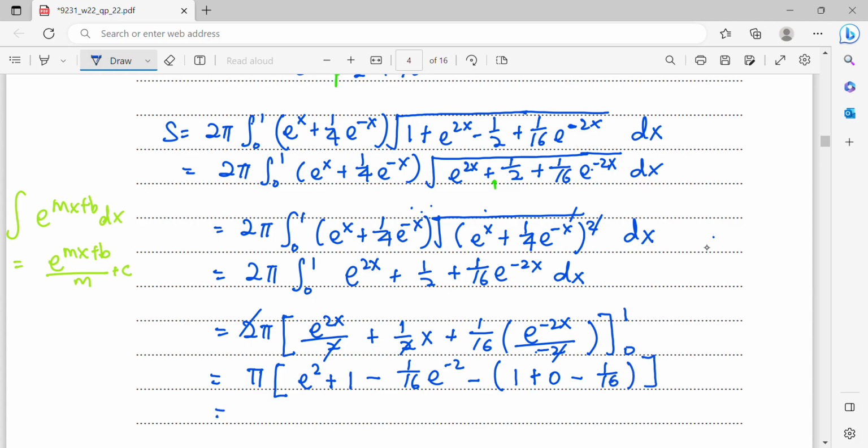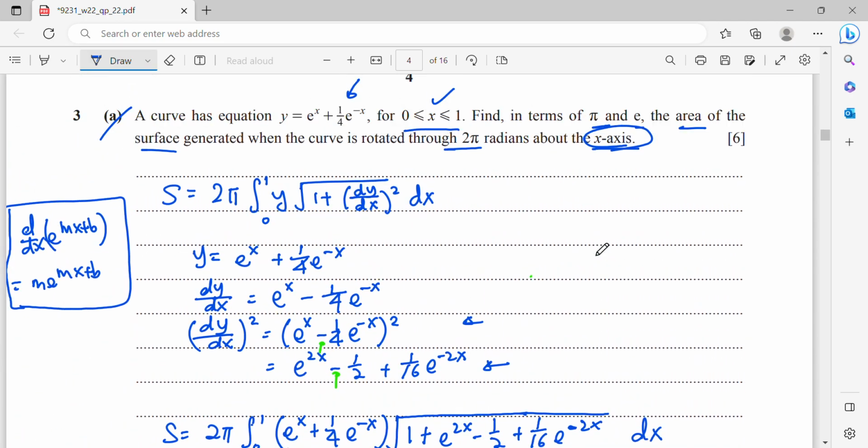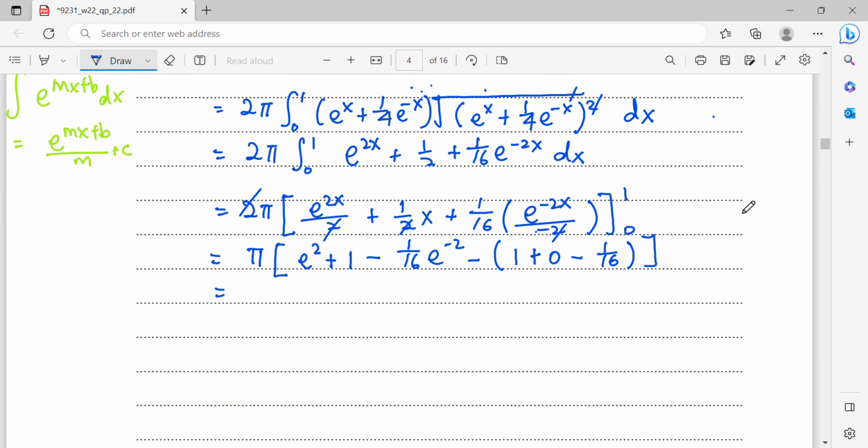Okay, so now, when you refer back to the question, it mentions that you have to leave your answer in terms of pi and e. So now what we do here is, we write the pi. So keep the e squared. And then the third term, 1/16 e^(-2). The negative 2 power means that you can bring down the e, so it will be 1/16 e squared.